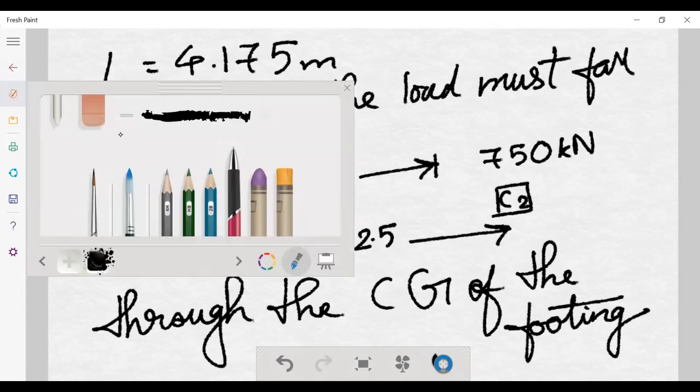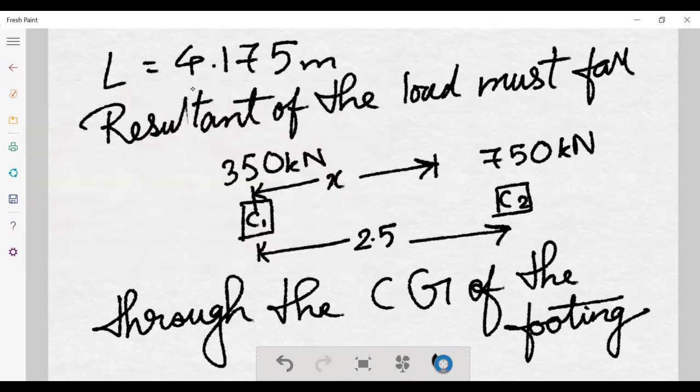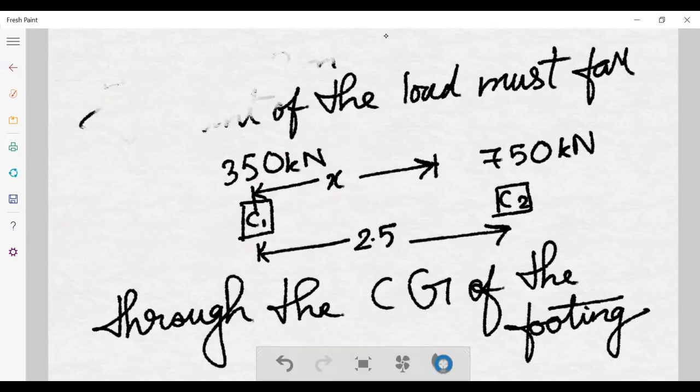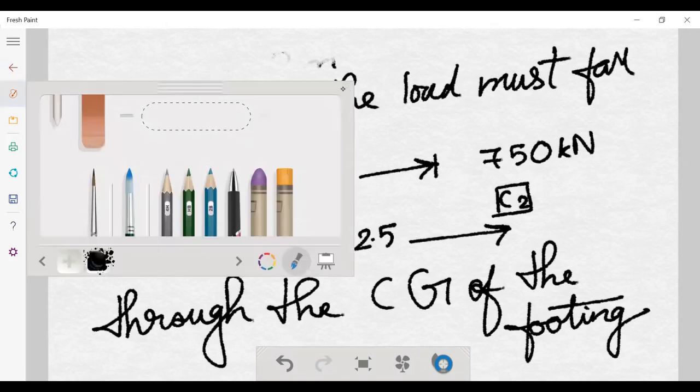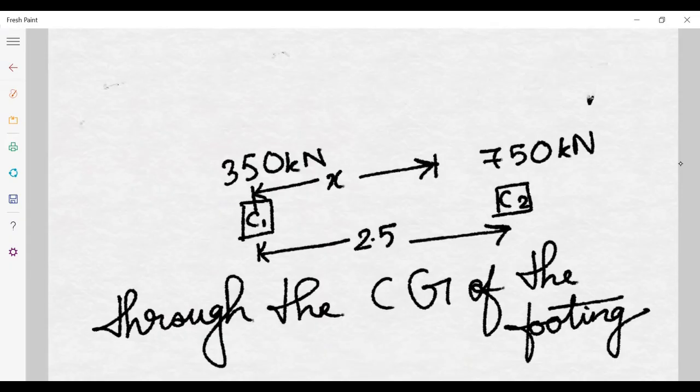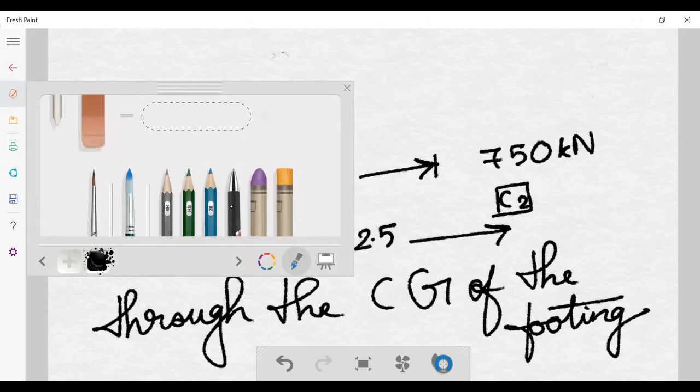So how will we calculate the resultant now? It's a simple formula to find the location of the resultant.